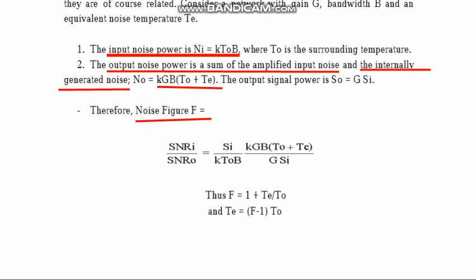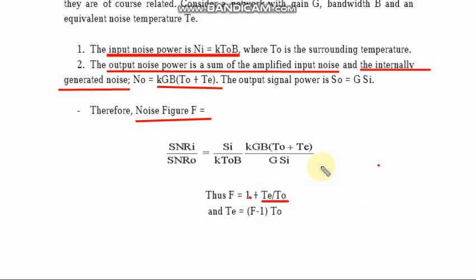You will be able to understand that if you have (T0 plus TE) by T0, then T0 divided by T0 gives 1, and TE divided by T0 gives TE by T0.